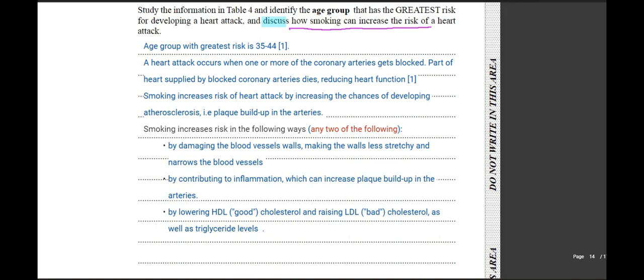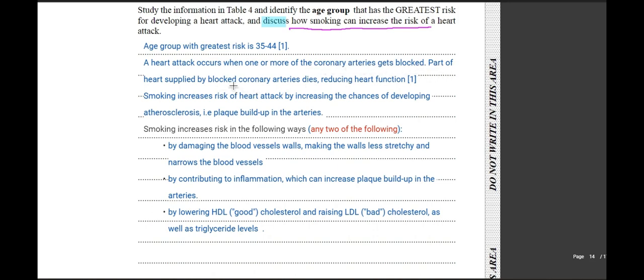So since we're talking about increasing the risk of heart attack, a good starting point would be to define what is a heart attack and when and how does it happen, right? So firstly, we indicate, okay, a heart attack occurs when one or more of the coronary arteries gets blocked.